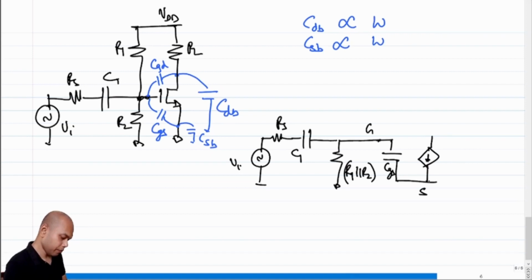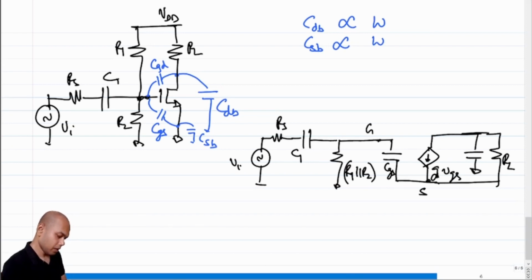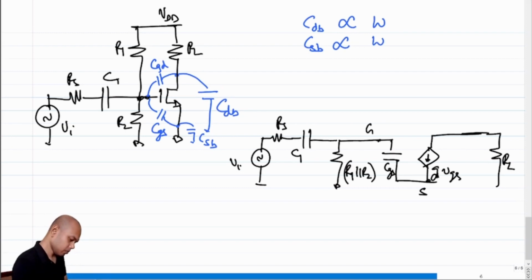We have this gm VGS, then we have this RL, but on top of that we now have CDB grounded, RL grounded, and probably I should mark these with a different color because these are new elements that we are incorporating.